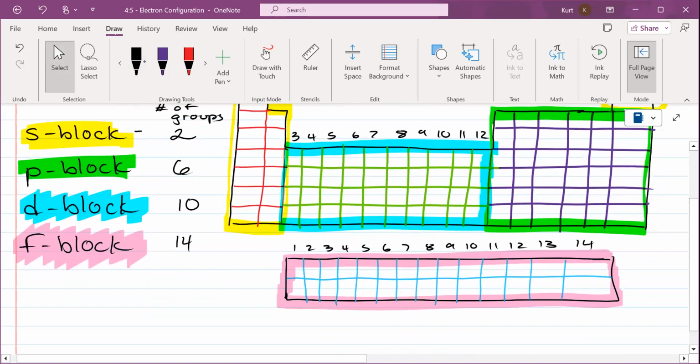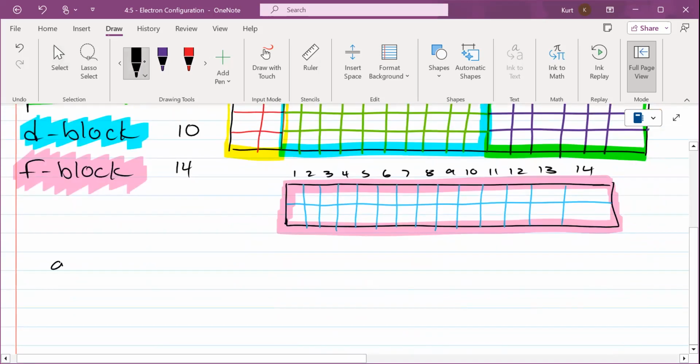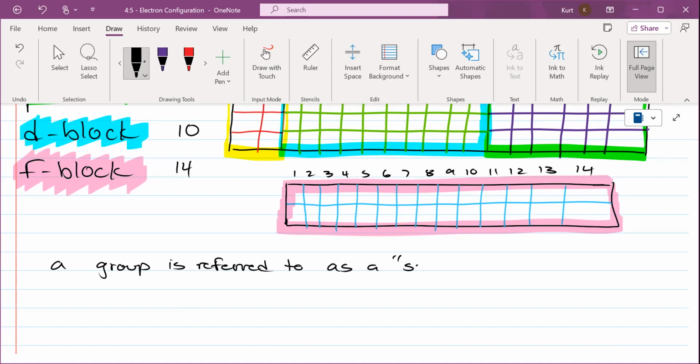Hold on a second, let me get something straight. A group is referred to as a sub level.